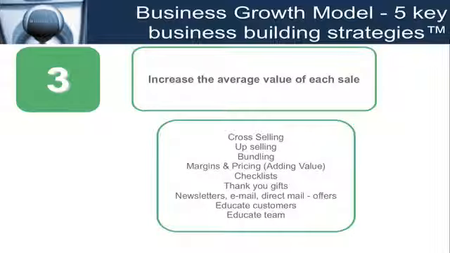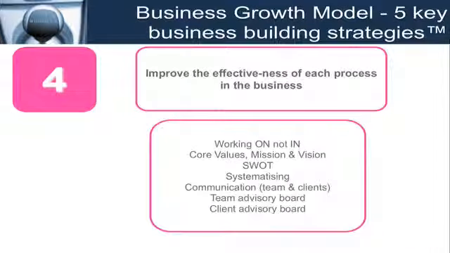I'm also going to look at the fourth and the fifth key business building strategy. The reason I'm looking at this is because the fourth one is all about having effective systems and processes. Now, if we can do that, then our business will actually do the things consistently. So we will have better outcomes, better results. Our customers will be happier.